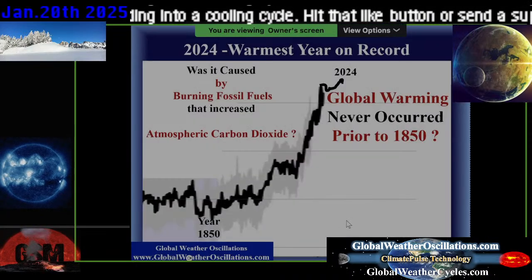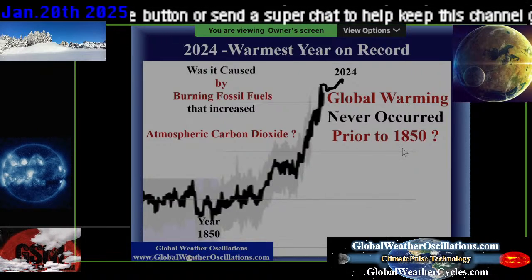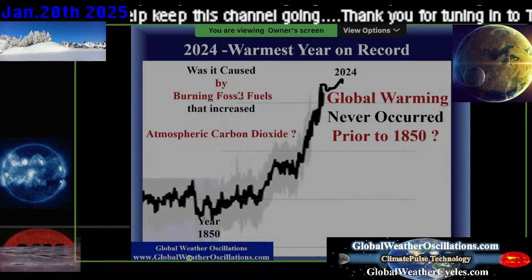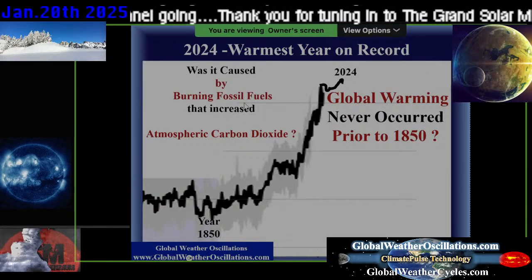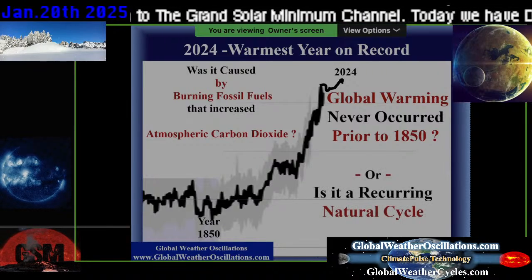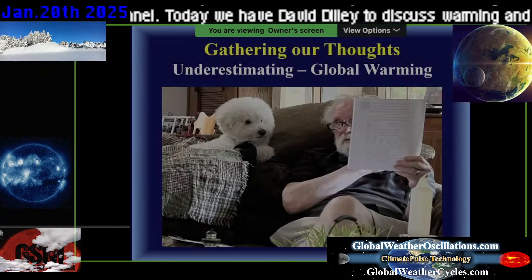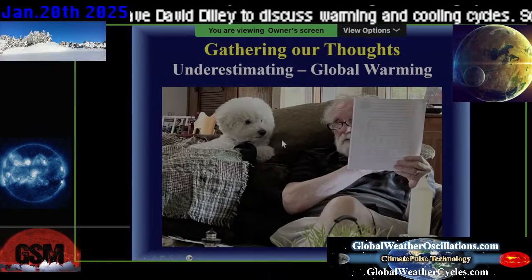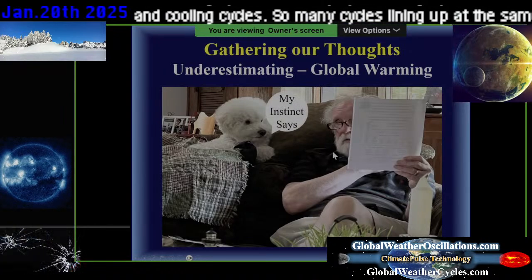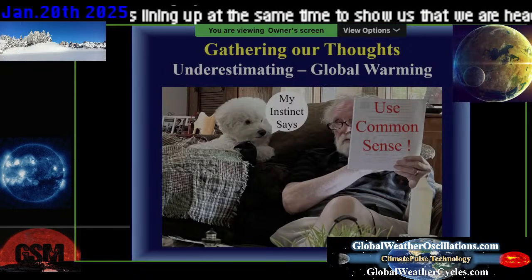Now, what we've been told is global warming never occurred prior to 1850. That's pretty much what the media is saying. We've never had this before. And the thing is, was it caused by the burning of fossil fuels and that increased atmospheric carbon dioxide? We're going to look at all that. Or is it a recurring natural cycle? Well, my very smart helper here beside me, as we study what's going on, my helper says, my instinct says, use common sense.